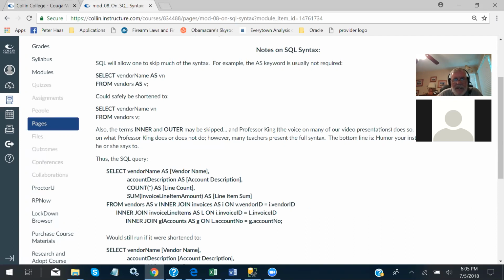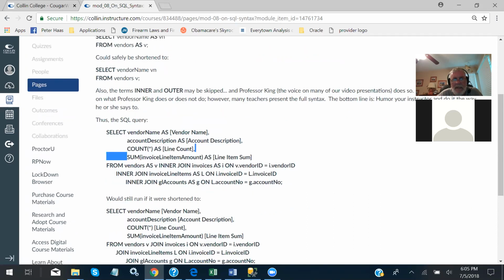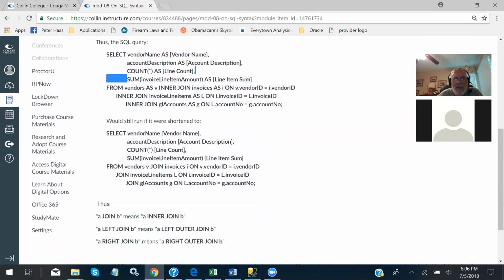So: vendor name as vendor name, account description as account description, count as line count, from vendors inner join invoices, inner join invoice line items, inner join accounts. And we could shorten that by dropping the as's: vendor name, space, vendor name, comma, account description, space, its alias, comma, count asterisk, space, line count.